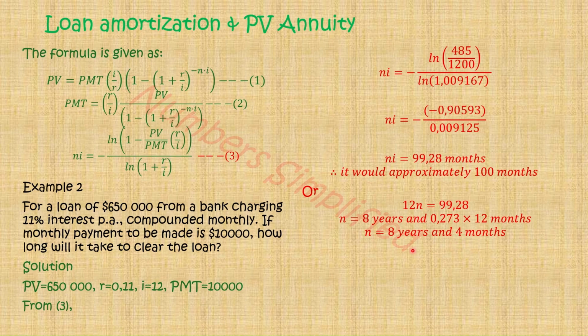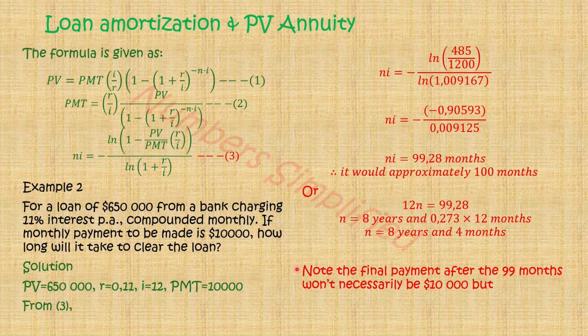One other thing to take note of is that the final payment after the 99 months won't necessarily be the $10,000, because we are paying for a period of 0.273 of the year.